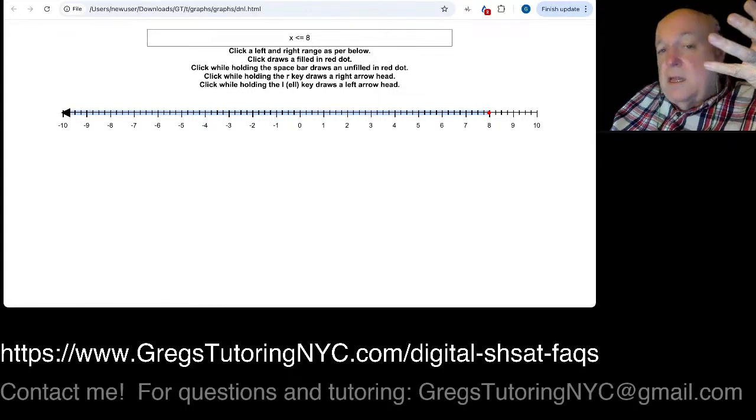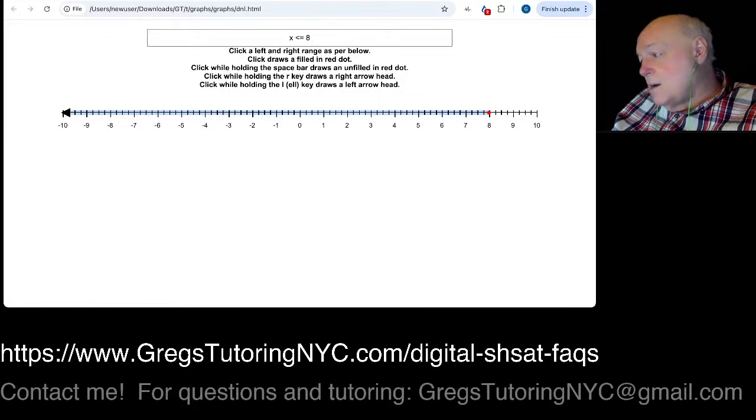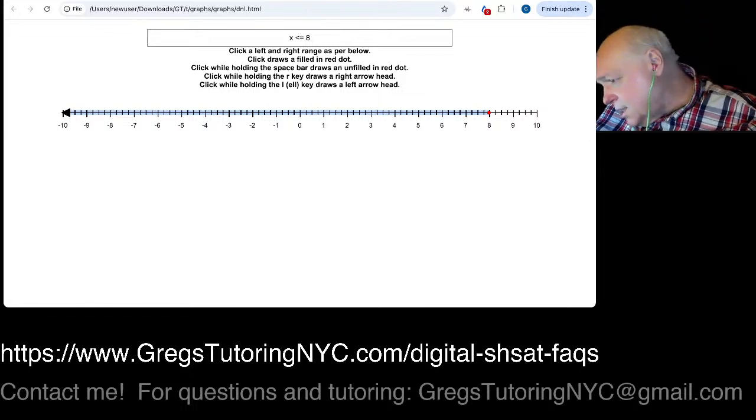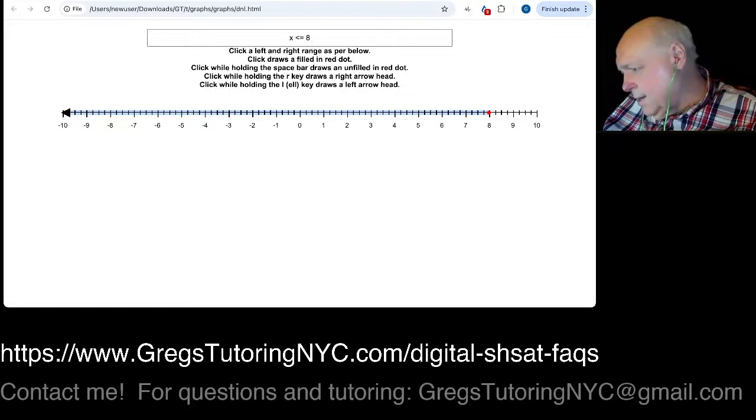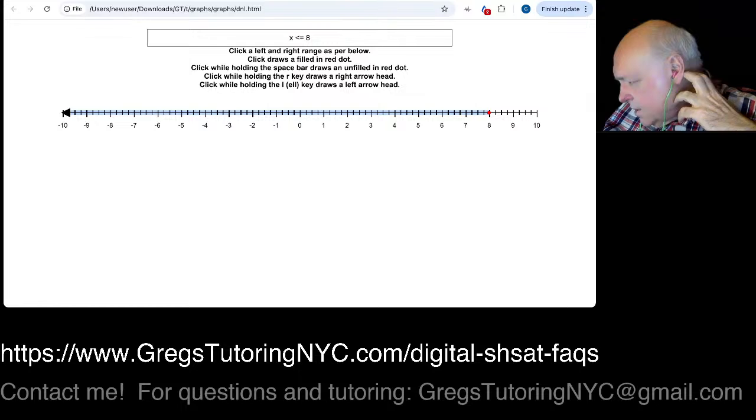Currently, number lines were done on paper. Yeah, it's showing, so I see it's here, so we're good. Let me make sure it puts the dot and the arrow on there. Come on, there we go.